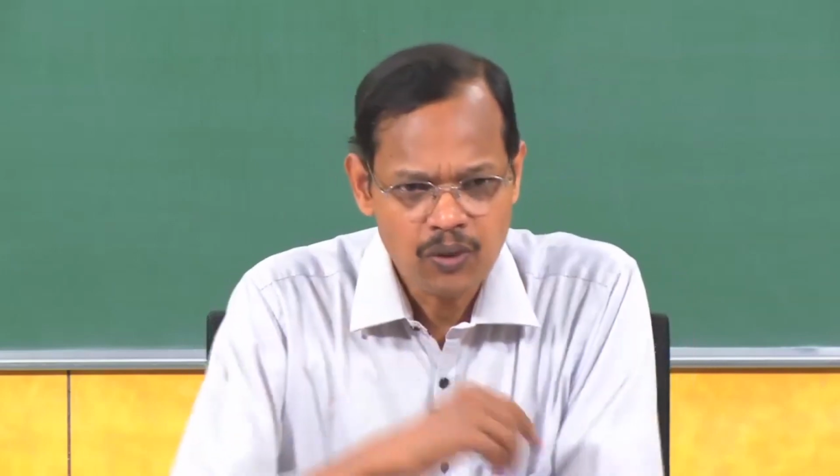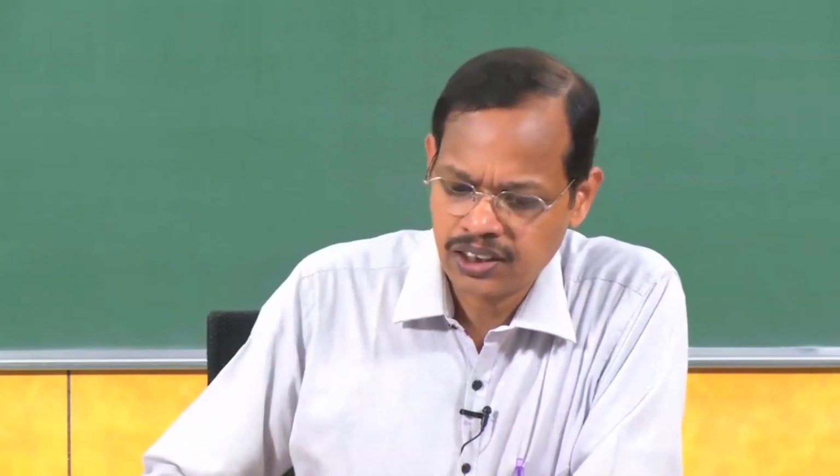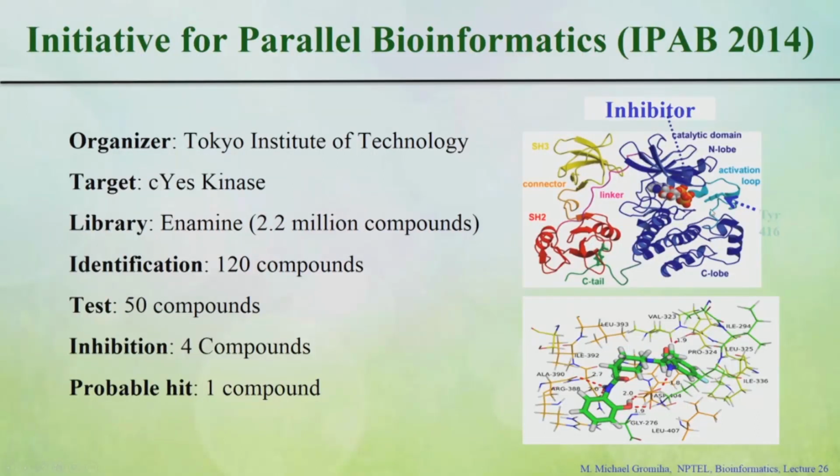Okay, I show one example. Here you can see the CS kinase protein. This is involved in colorectal cancer. So, the target is the CS kinase, and the question is how to identify the inhibitors for this particular protein.